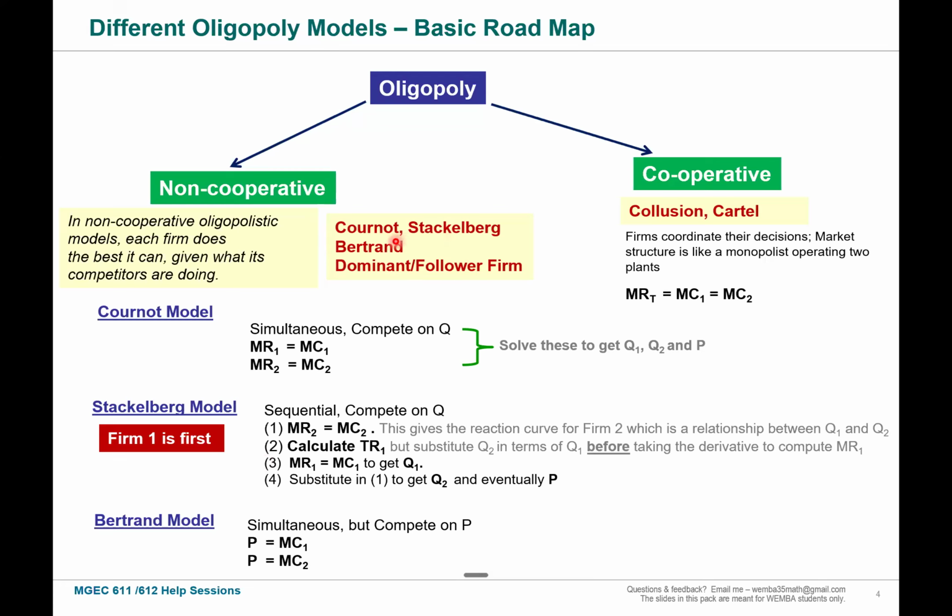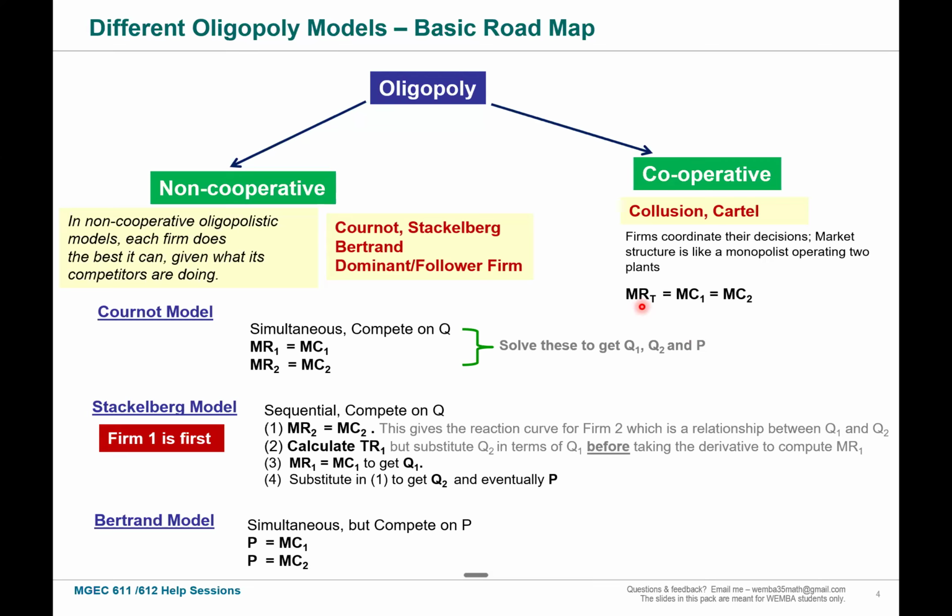That's the non-cooperative oligopoly. Now we go to the other side, which is the cooperative oligopoly, collusion and cartel. The collusion and cartel model is something that you might recollect. This is a multi-plant monopolist. A multi-plant monopolist was that, I have a demand that I have to satisfy, but I have multiple plants.